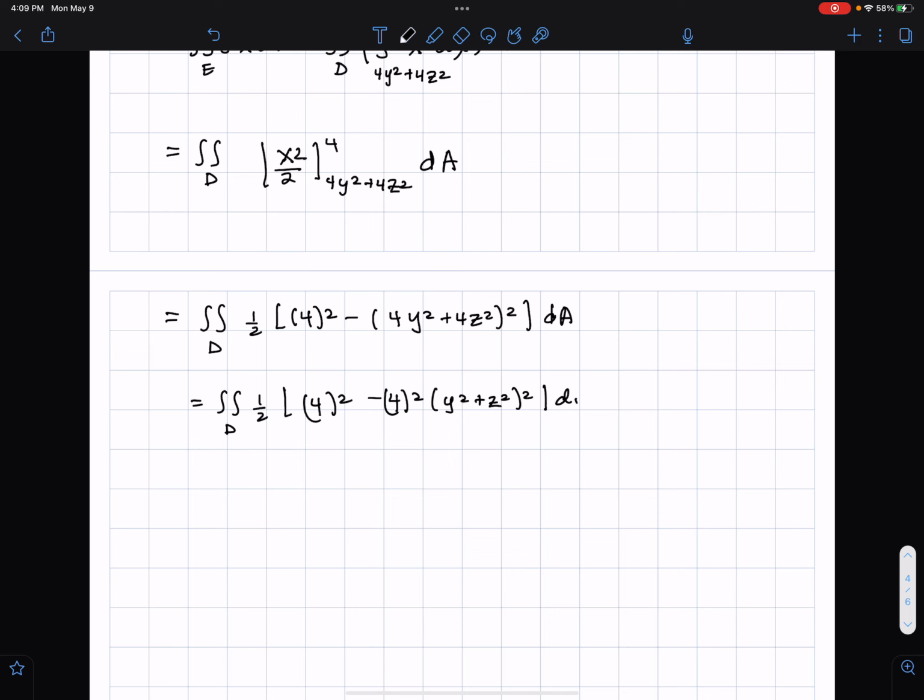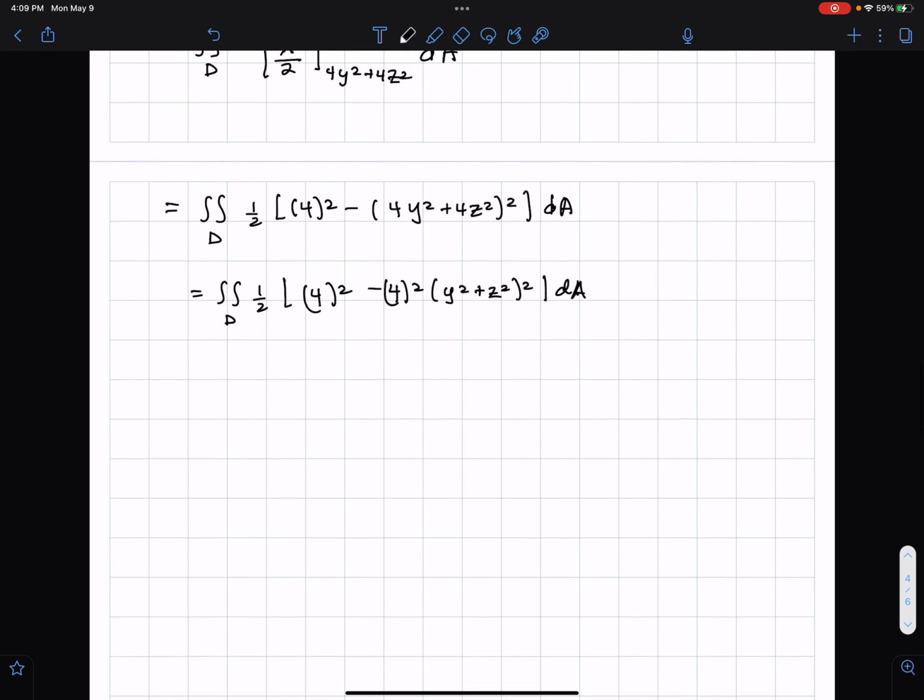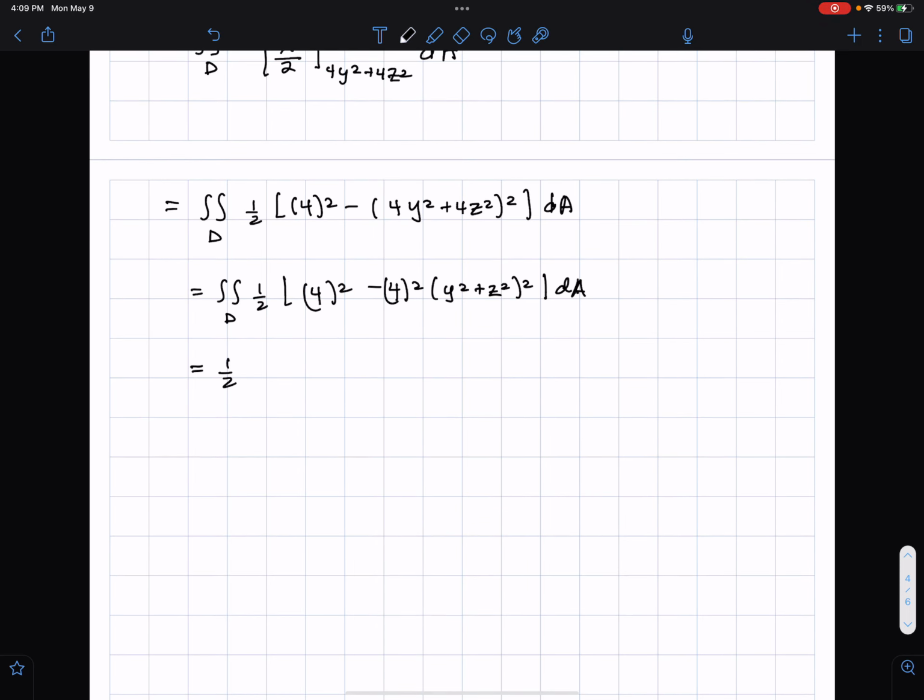Sort of didn't need to do that, but I have almost like a compulsion to somehow simplify it. Quote, put that in quotation marks, simplify. Okay, now, and this is 4 squared divided by 2 is 8.